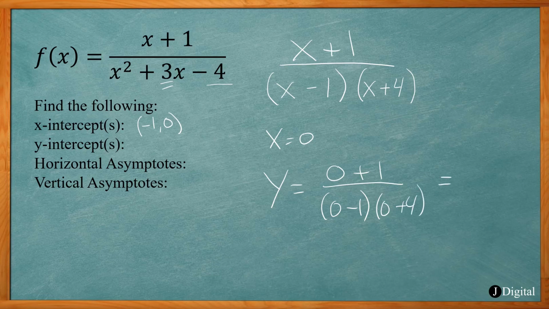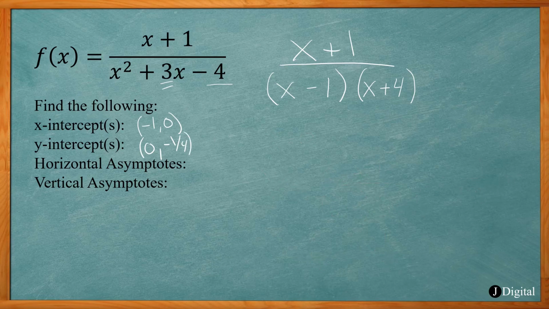That'll give us a 1 on top, -1, +4. On the bottom there will be 1 over -4, or just -1/4. So our y-intercept would be at 0, -1/4.